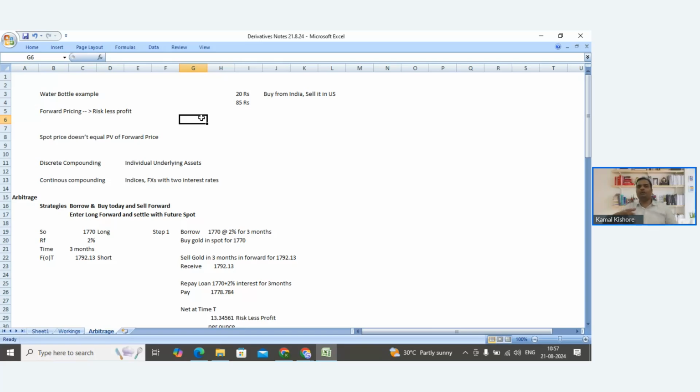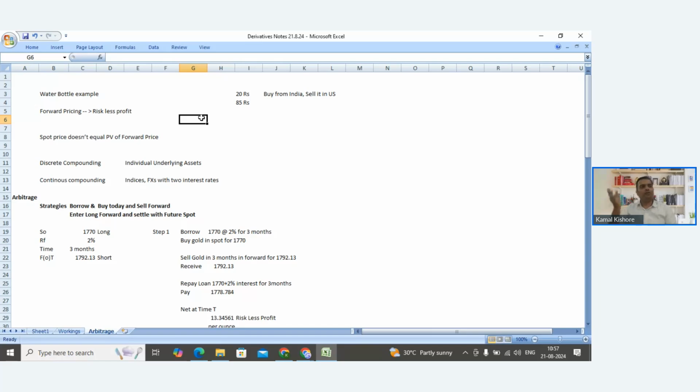I want to buy equity shares of a certain company. I don't have money today, but after 3 months, I will get money. But I'm concerned that after 3 months, the price will go up too much. So what I'm doing is entering into a forward contract to buy the equity shares at a fixed price.